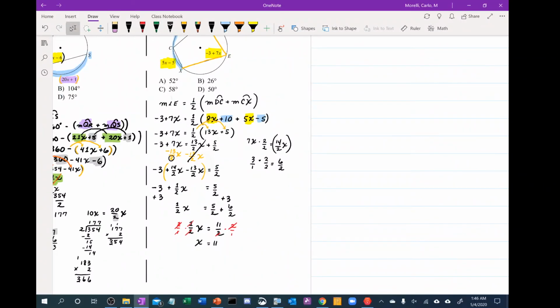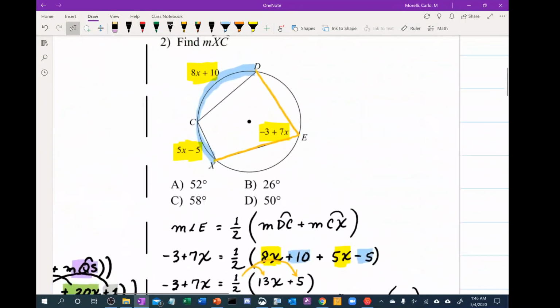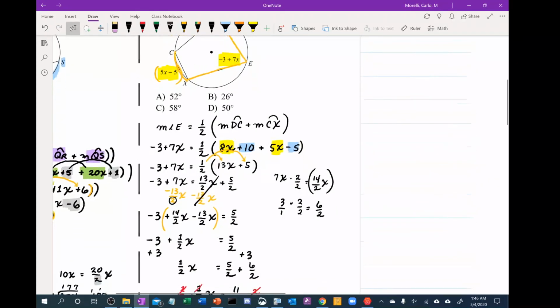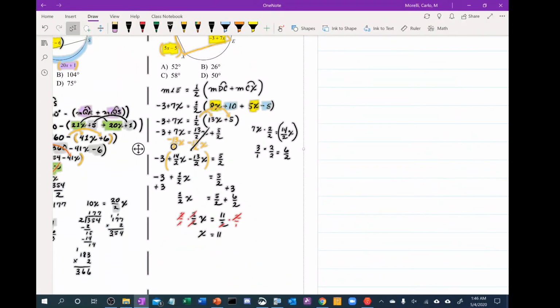We're trying to find, going back to this, we are trying to find this arc measure right here. Okay, so that arc measure is 5x minus 5. Well, we now know that x equals 11.